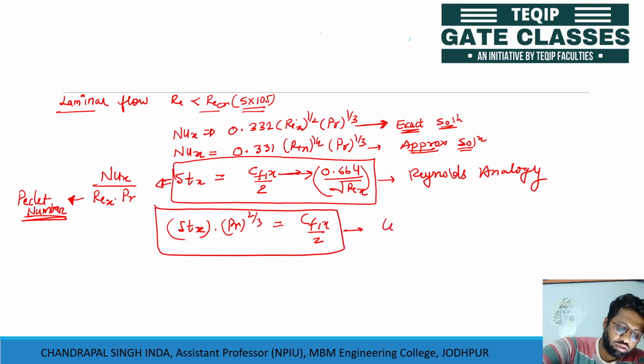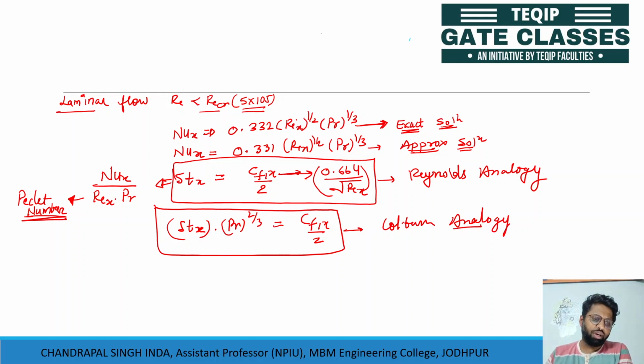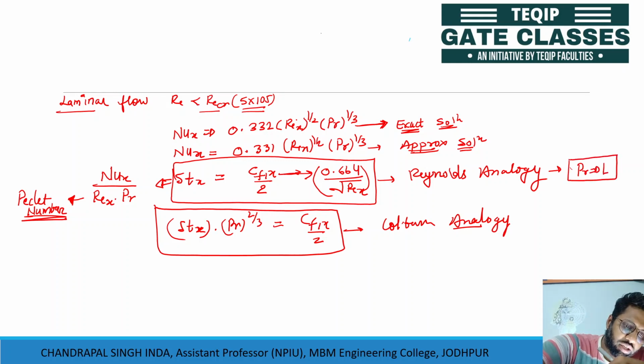So the Colburn analogy and the Reynolds analogy give the same result if the value of Prandtl number is 1. So the Reynolds analogy is used for Prandtl number 1, means where the boundary layer thickness and thermal boundary layer thickness are similar.